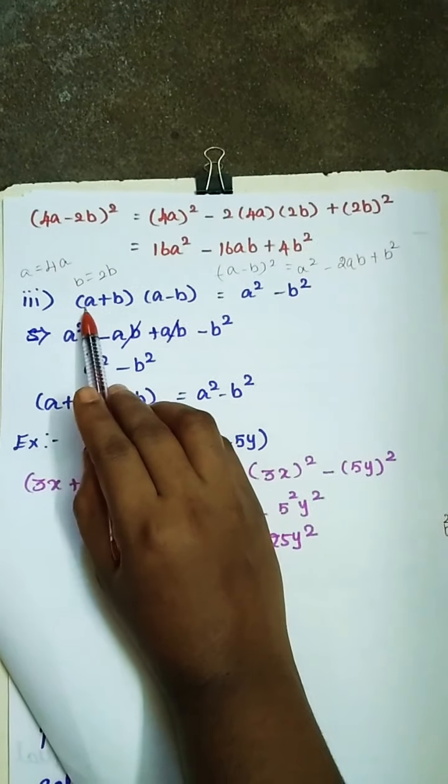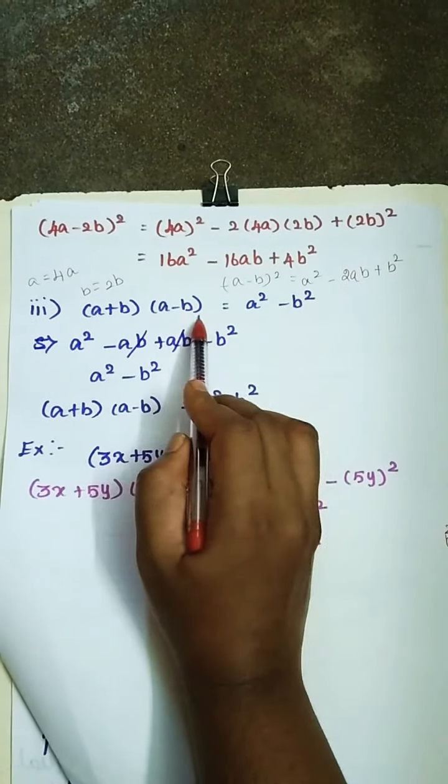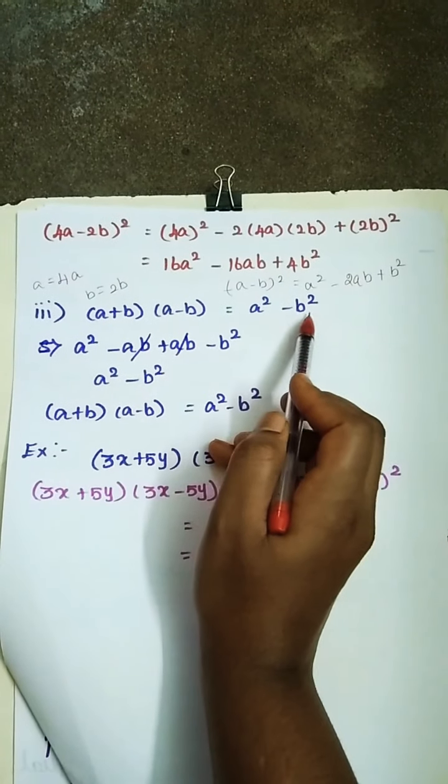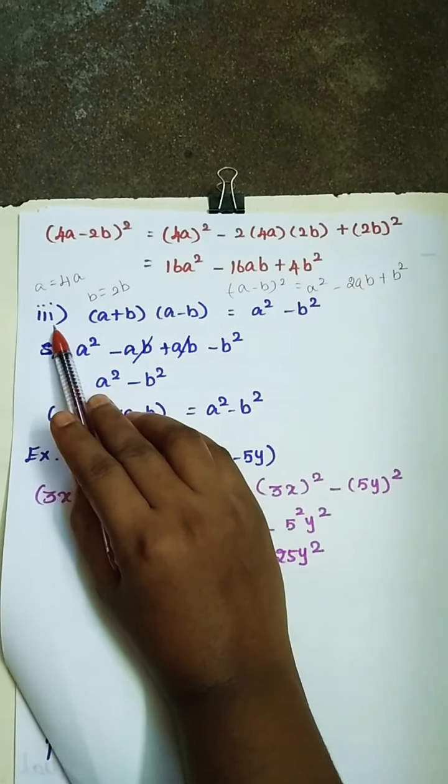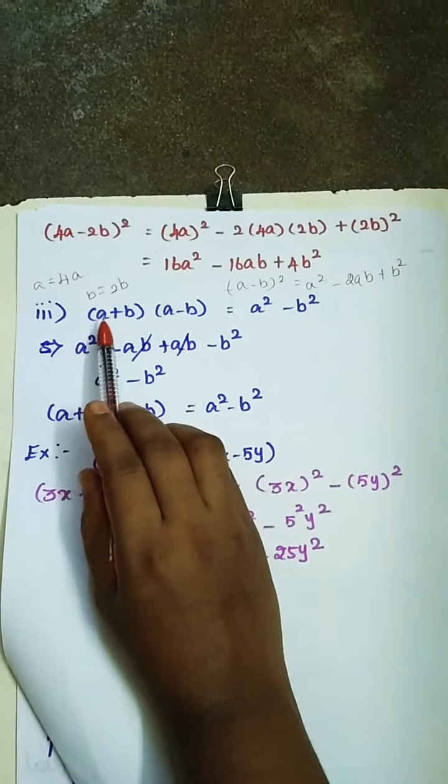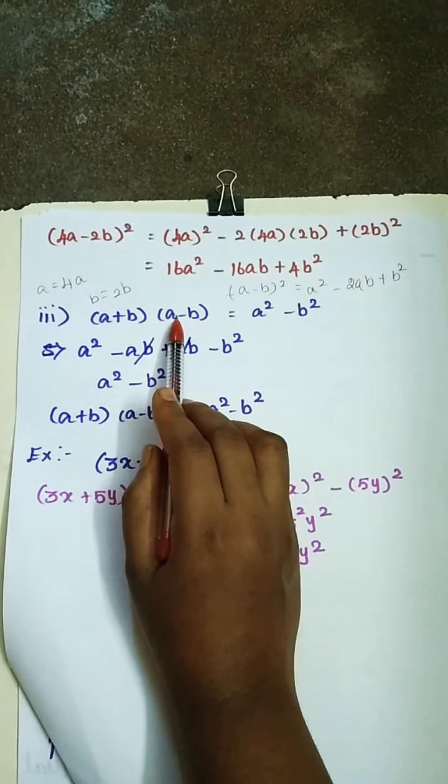Next one, (a plus b) into (a minus b) equals a square minus b square. This is the third one. Listen, (a plus b)(a minus b).